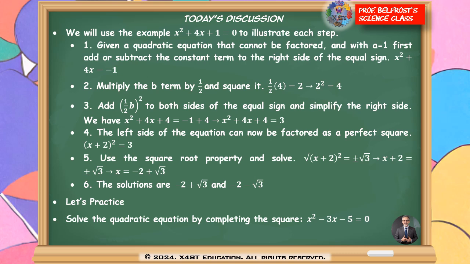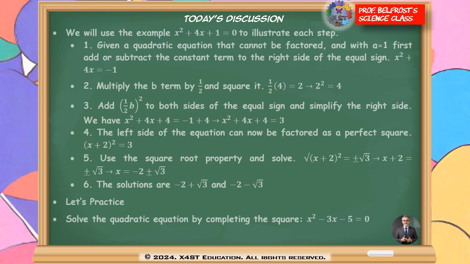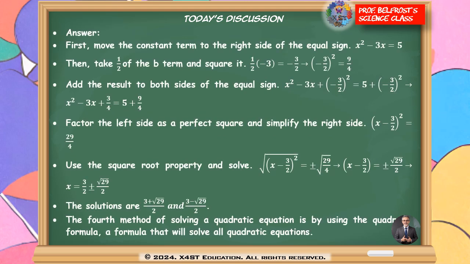Let's dive into another example to make your concept stronger. x squared minus 3x minus 5 equals 0. Solve for it. So yeah, by following the steps, move the constant to the right side, and then take half of the b term and square it. So we have 9/4.